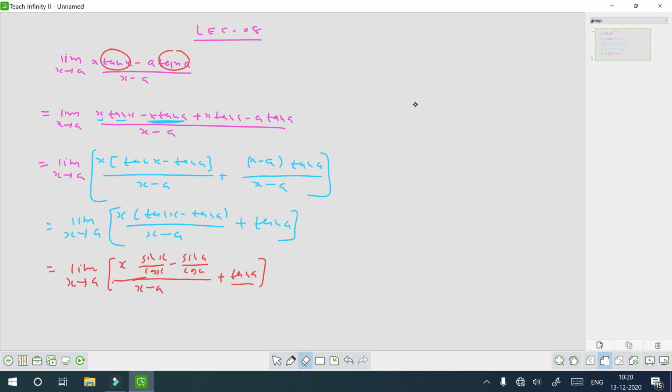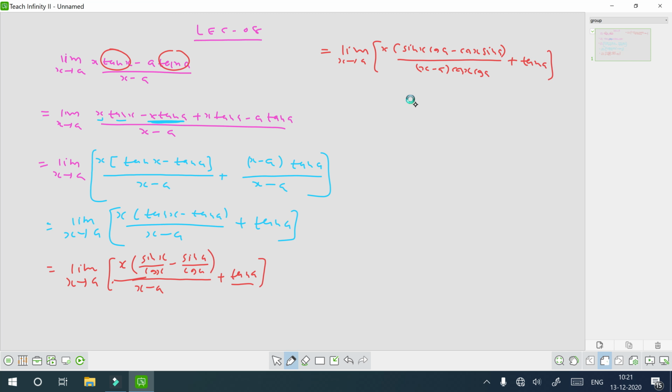That is equal to limit x tends to a, x, take LCM, sin x cos a minus cos x sin a over x minus a into cos x cos a, plus tan a.